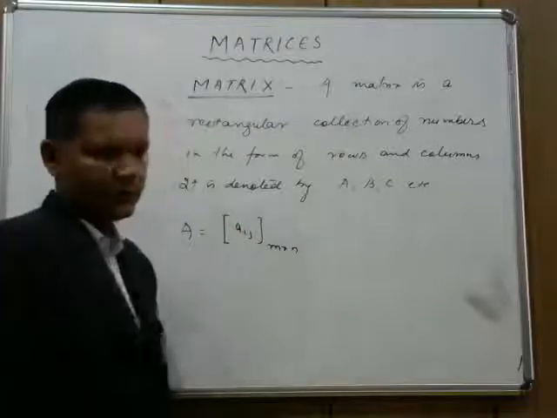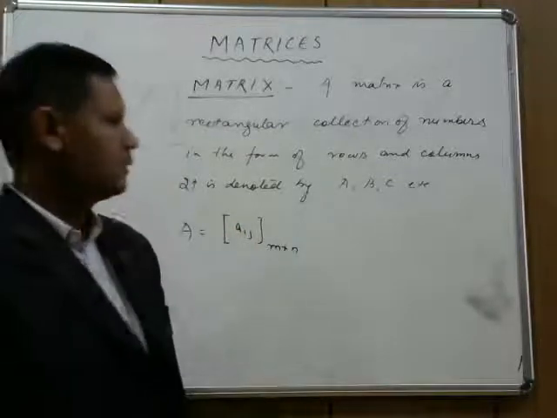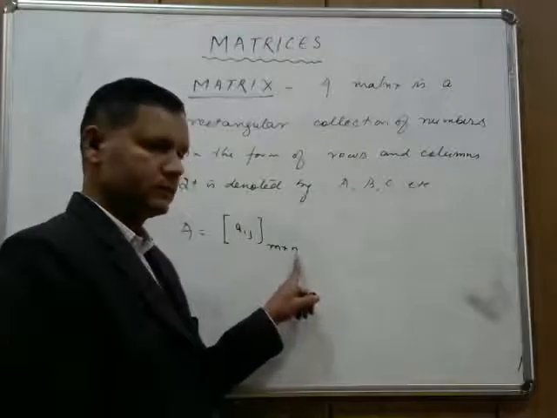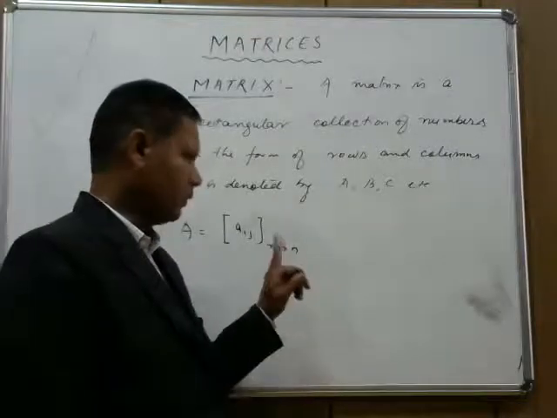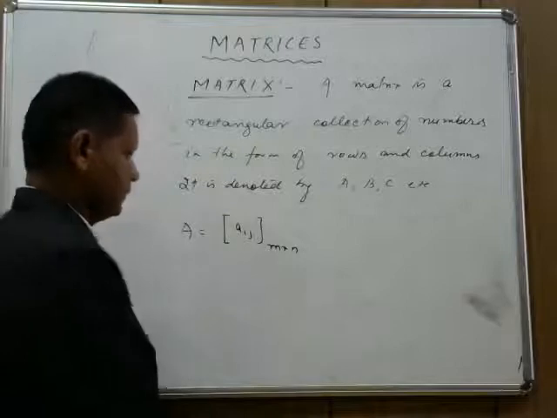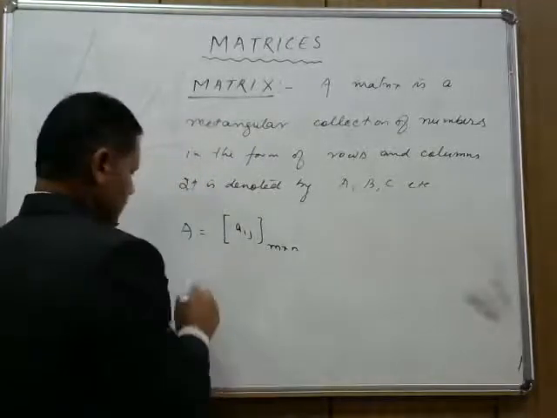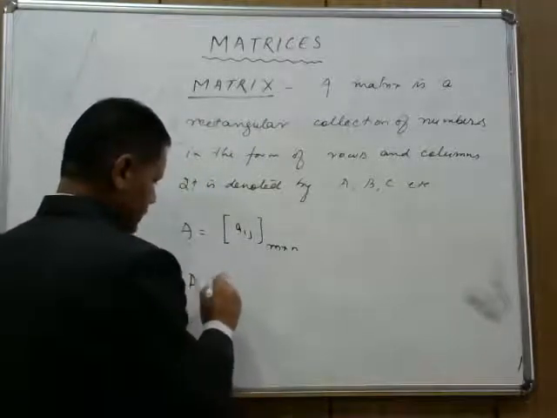The first entry is for the row and the second for the column.